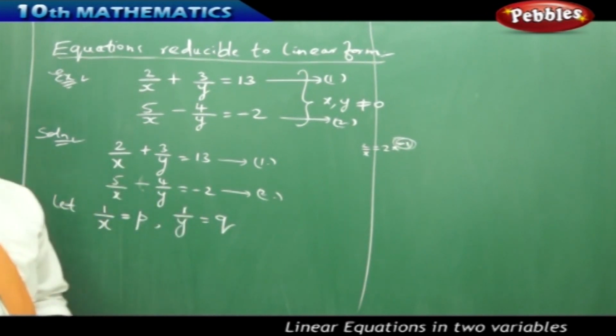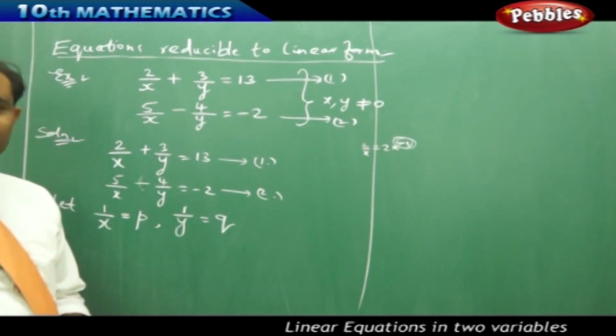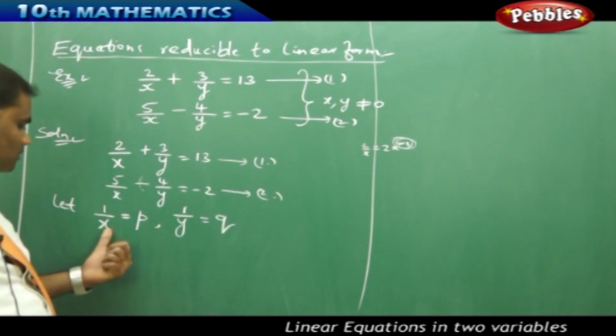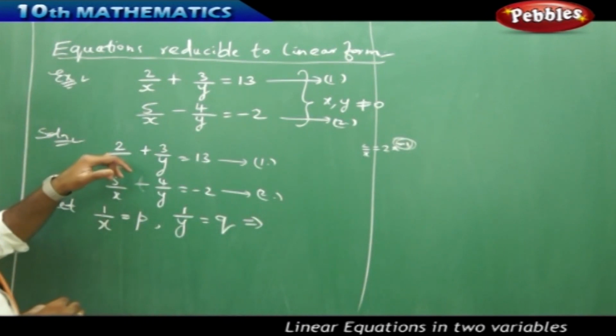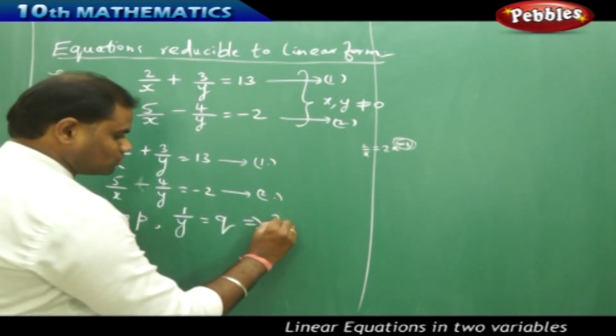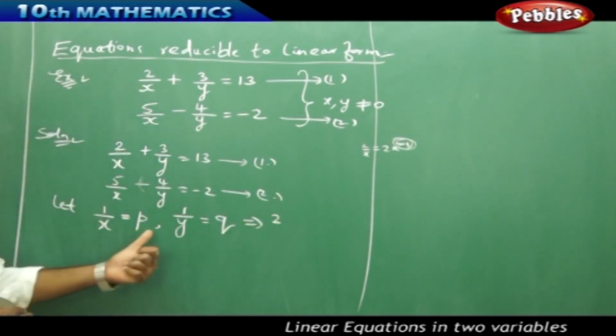So when I take 1 by x equal to p and 1 by y equal to q, I can write the two equations in the form 2 times 1 by x, which is p.